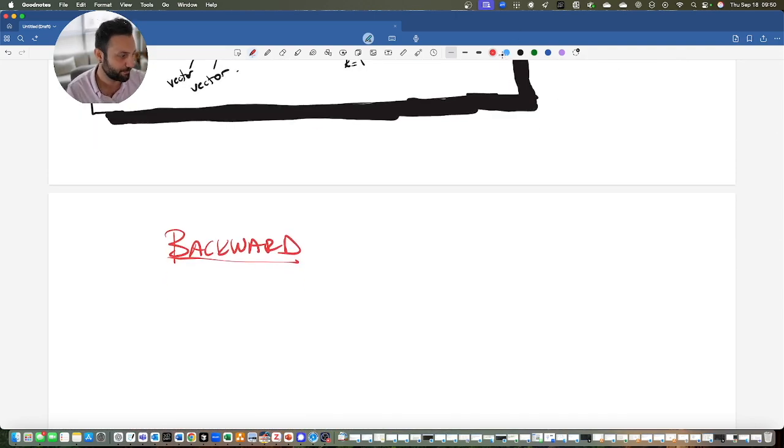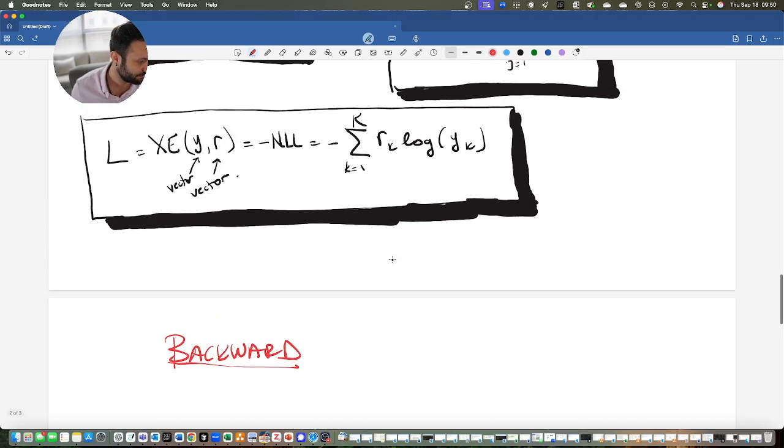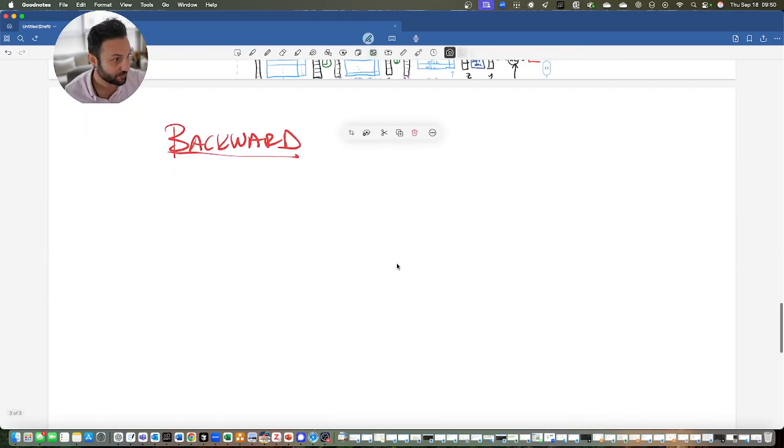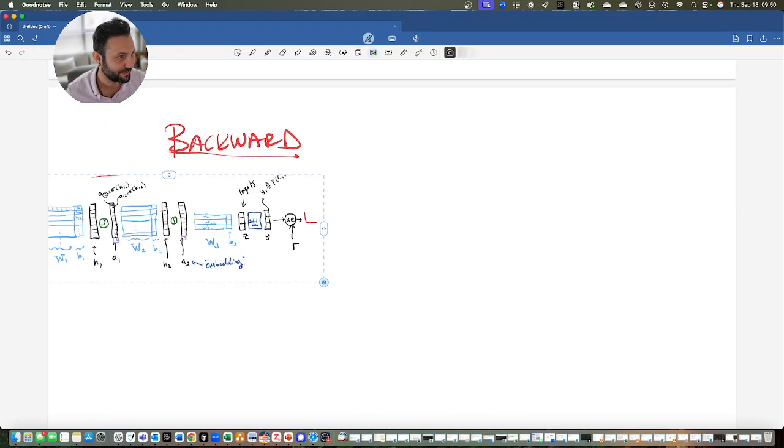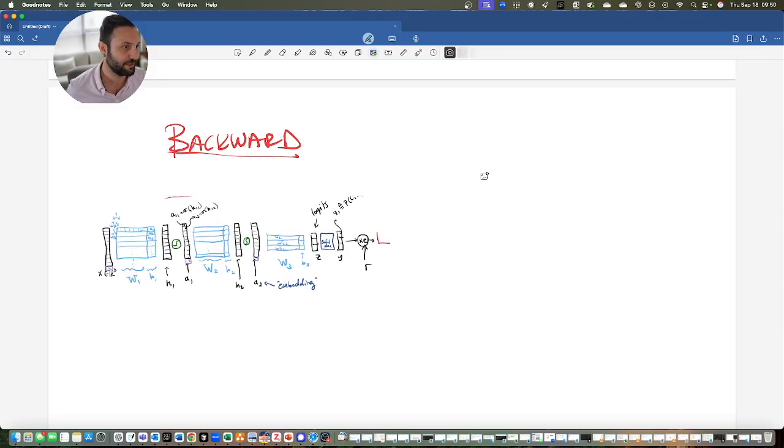So in theory, let me go ahead and paste my network here so I don't scroll so much. Paste. Okay, perfect. So this was my network, right?